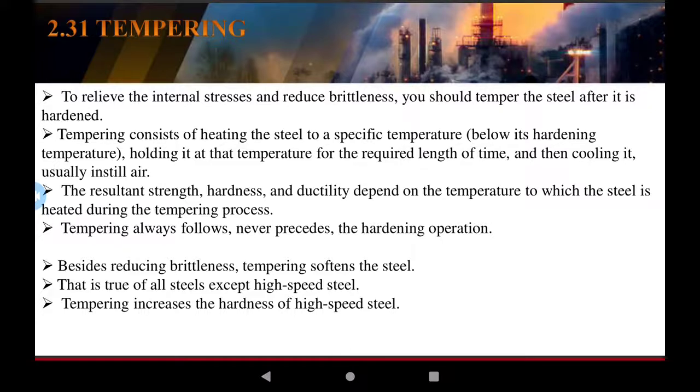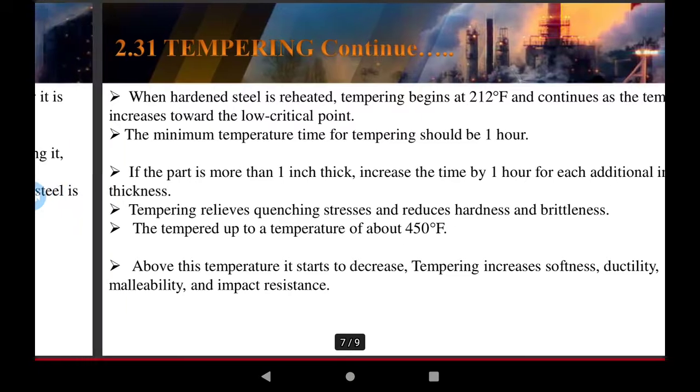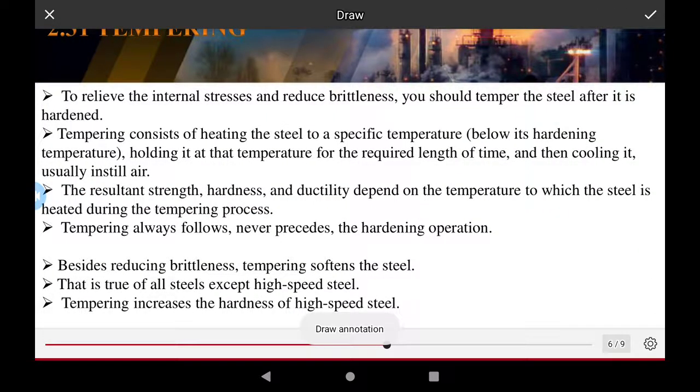Tempering. What is tempering? To release the internal stress and reduce the brittleness of the metal, parts should be tempered after they are hardened.